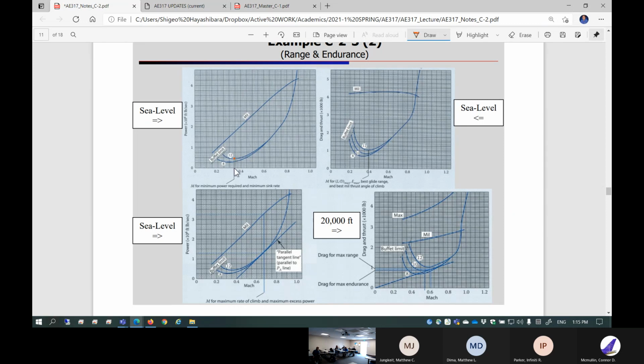So right here is the Mach number for minimum power required. What's the value here? 0.34. Exactly what the textbook says. 0.34. I might have read the answer on number 5. You have the answer, right?